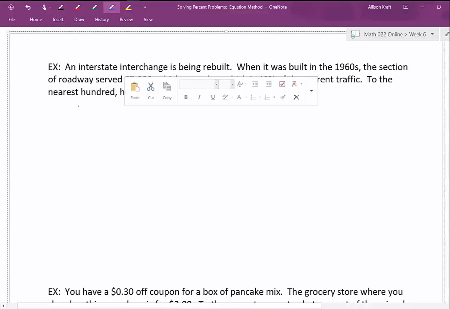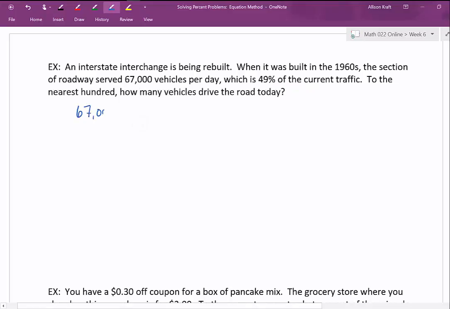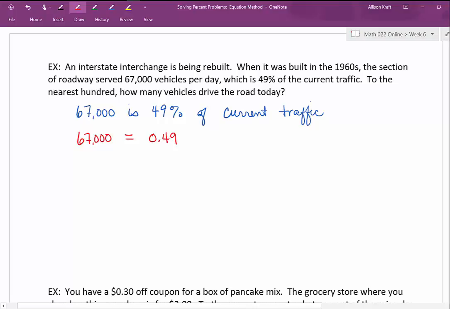We could say then that 67,000 is 49% of the current traffic. And now we're going to translate just like we did before. 67,000 is means equals 49% we rewrite as a decimal, of means multiplication, and current traffic is the unknown.